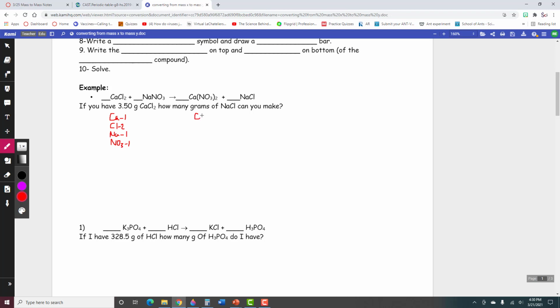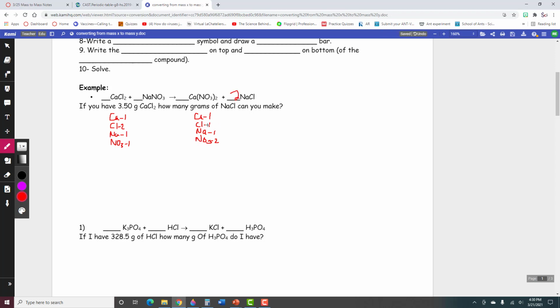And then Ca is 1, Cl is 1, Na is 1, and NO3, the polyatomic, is 2. Alright, so something not balanced is the Cl's, so I could put a 2 here.